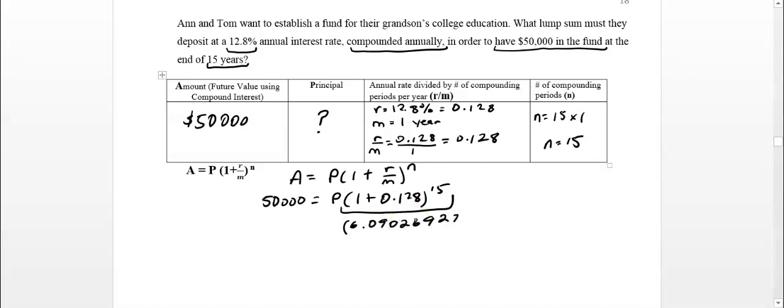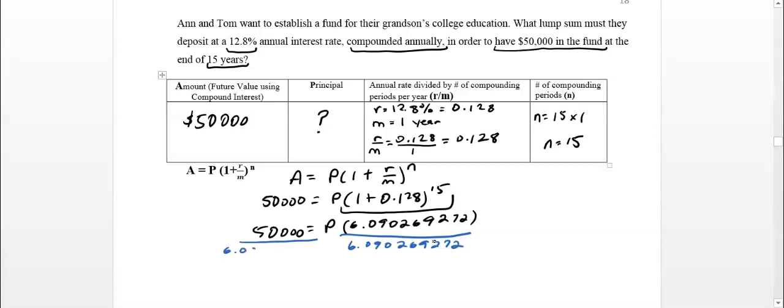Taking the 1 plus 0.128 and raising that to the 15th power, we get a very long decimal, and we leave that in the same equation so that we can divide by that amount raised to the 15th power.